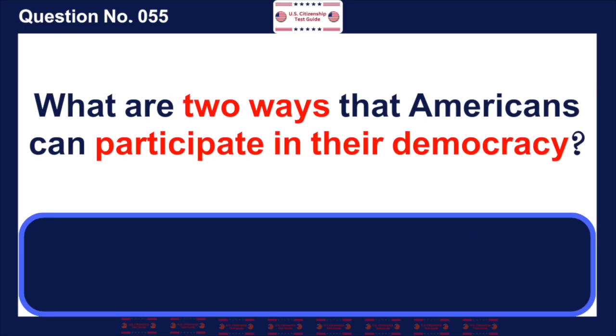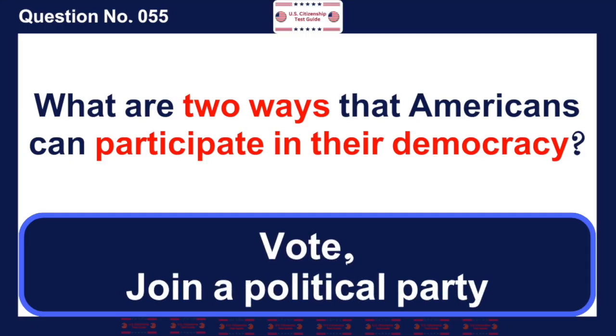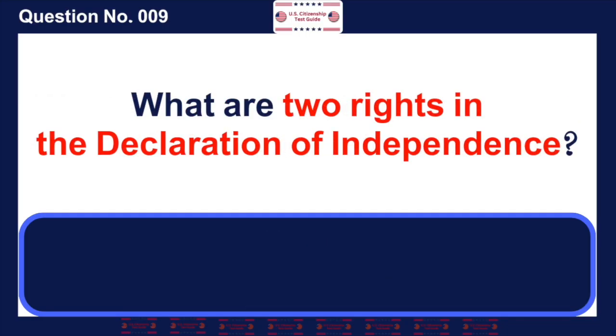What are 2 ways that Americans can participate in their democracy? Vote. Join a political party. What are 2 rights in the Declaration of Independence?